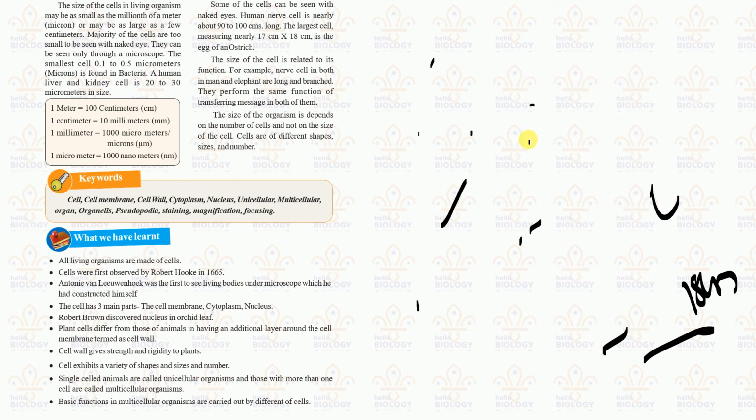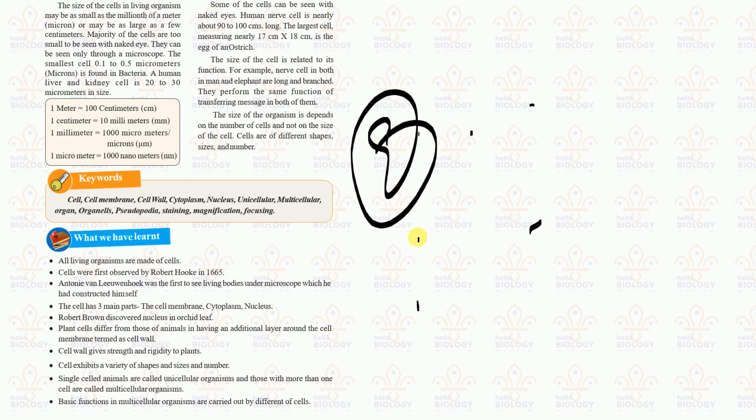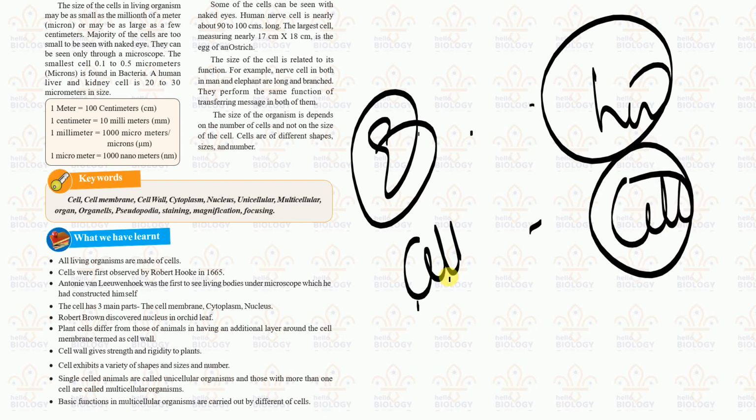Nerve cells in both man and elephant are long and branched, but they perform the same function of transferring messages. Understood? In an elephant the cells are important, and in a human also. In both organisms, cells help in exchanging messages from brain to body and from body to brain.